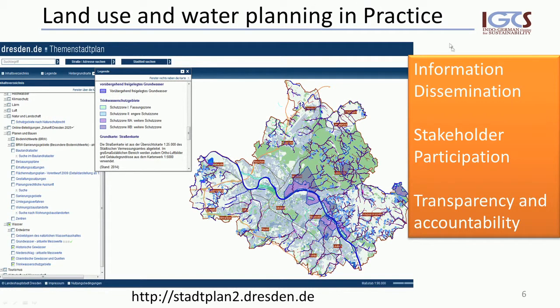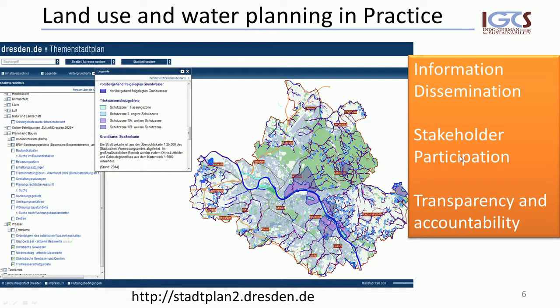Or we may put efforts into some form of information dissemination, where anybody can make use of it at a level of scale that is useful for the individual, the household, or for planning a new business, to think about where you would open new branches, for instance. All this could be an information system providing you those details.